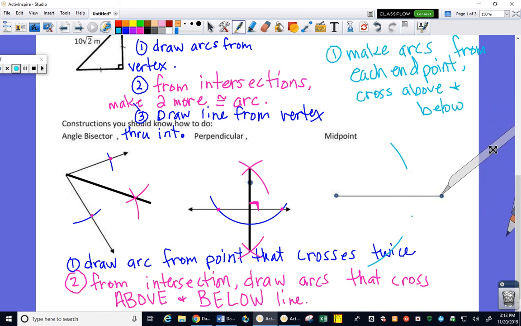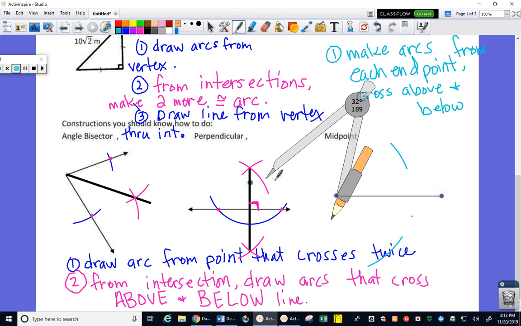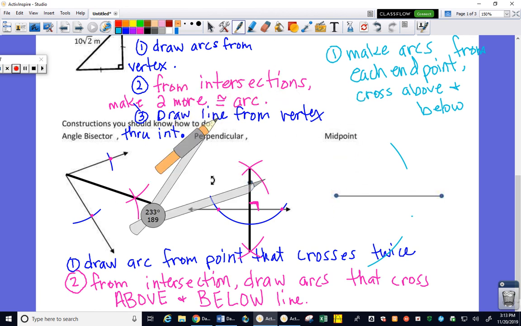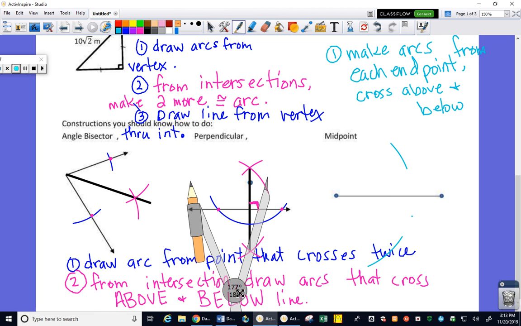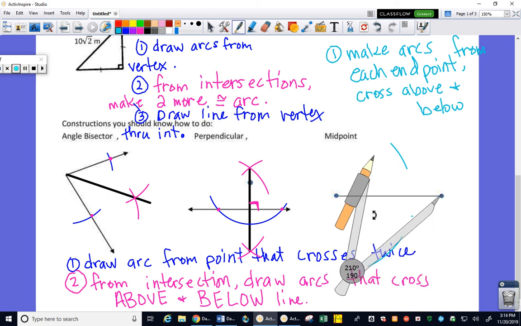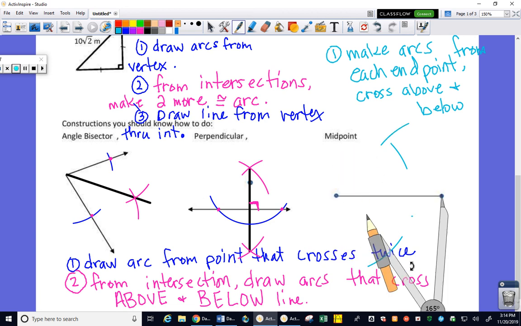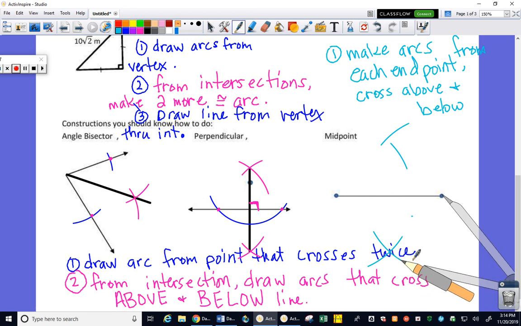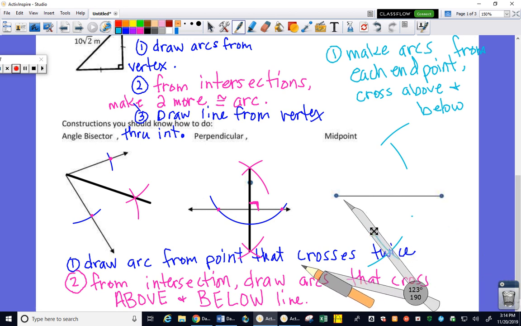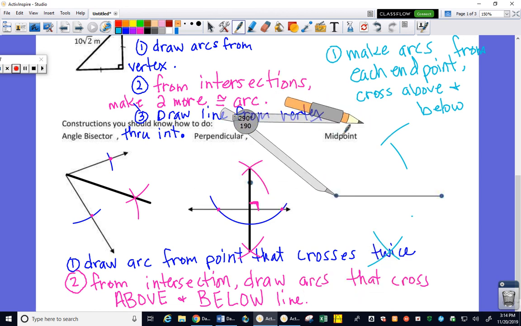Then we move over to this side. Do it upside down. Move over to this side. Don't move that. It has to cross above, and it has to cross below. You can notice that it didn't cross on the above one, so I can always come back here and actually make it so that it crosses.